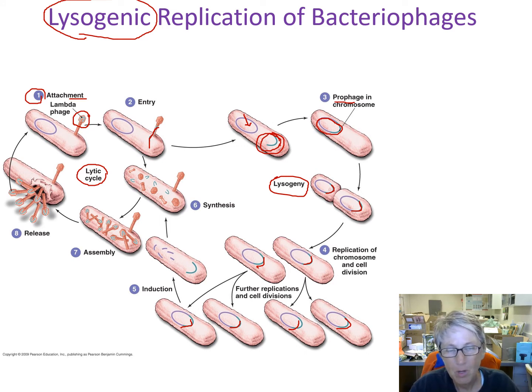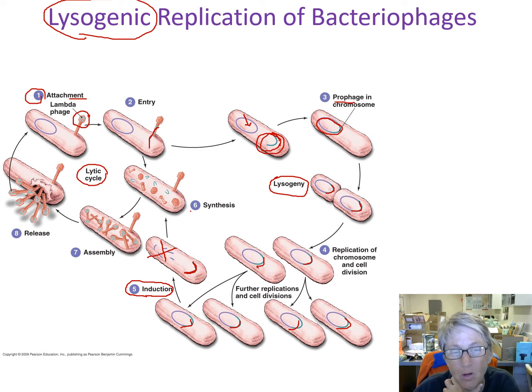And then at some point in this process, the bacteria and the virus go through this phase called induction. And then at that point, the bacterial chromosome is destroyed, and now the viral or the phage DNA is left to just go ahead and synthesize its own parts.